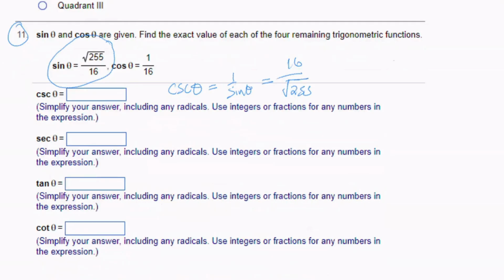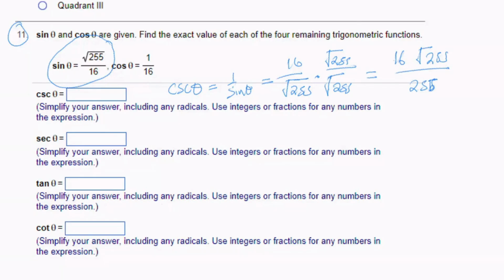And if I rationalize this, by rationalizing, if you have forgotten, multiply the numerator by what is in the denominator, so that we get rid of the square root of 255. So this gives us 16 square root of 255, everybody, over 255.